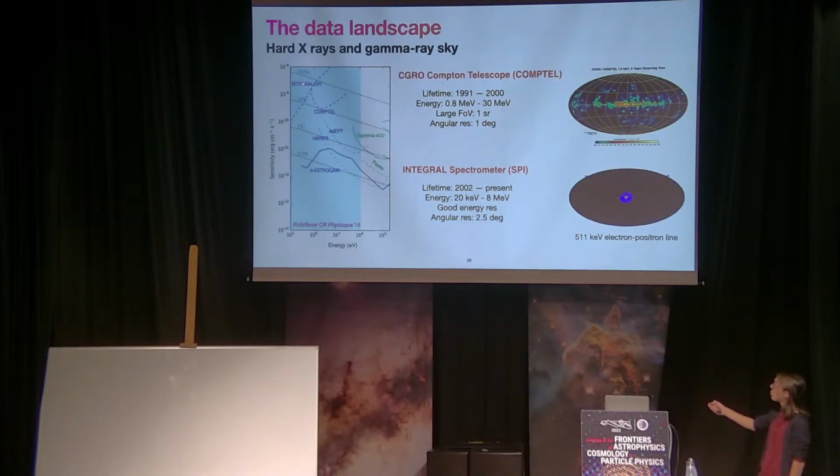So the spectrometer INTEGRAL here, through which we have managed to measure, for example, the spatial distribution of 511 keV photons, which come from the electron-positron annihilation, has a rather poor angular resolution, about 2.5 degrees.